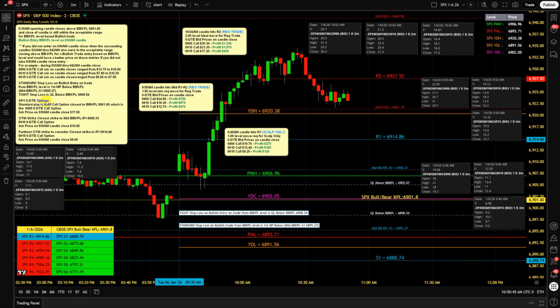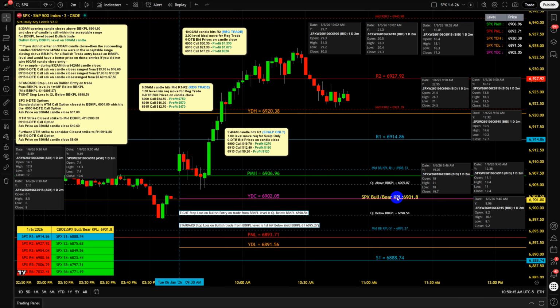Okay, so the standard play in the daily key level strategy is to use an at-the-money option. The at-the-money meaning the at-the-money strike closest to the level that you're taking the bullish or bearish trade from. In this case, this is a bullish trade. We're taking off the bull bear key price level, and the price of the bull bear KPL today is 6901.80.